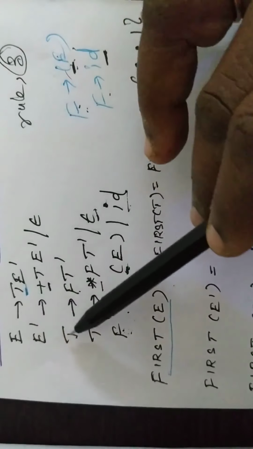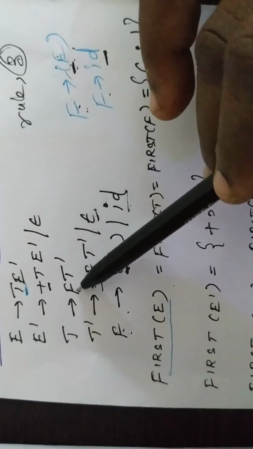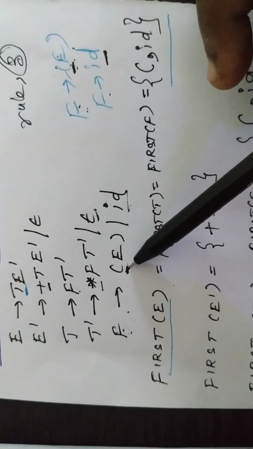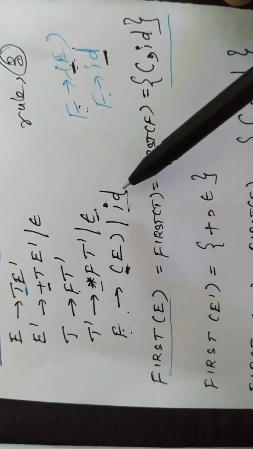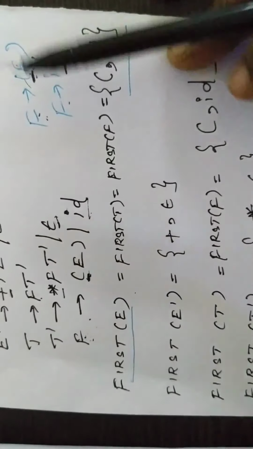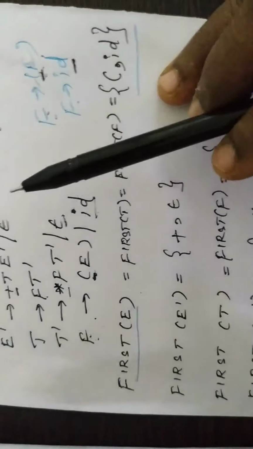Since it is non-terminal, again we have to check its production. It gives again F T dash. F is again non-terminal, so we check its production, which is open bracket and id. So first of E is first of T, first of T is first of F, first of F is open bracket, id.